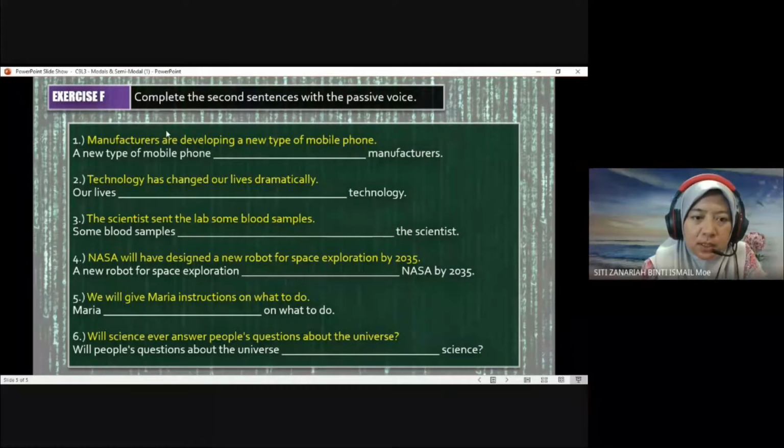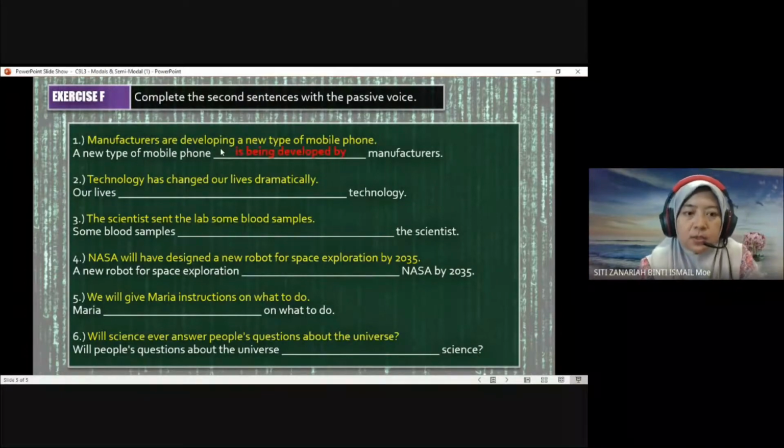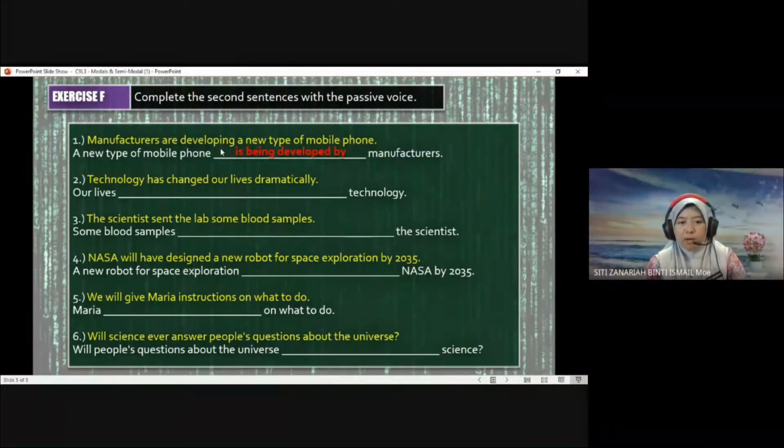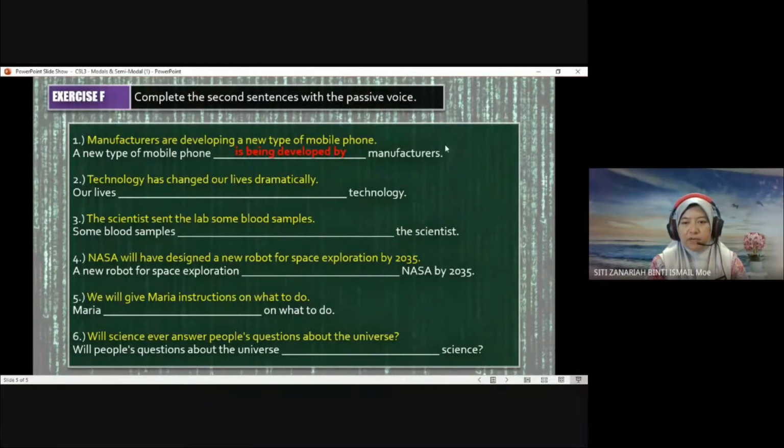Here it should be written in present continuous. So: a new type of mobile phone is being developed by manufacturers.